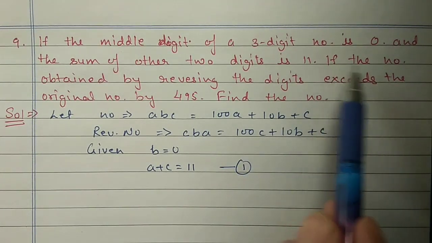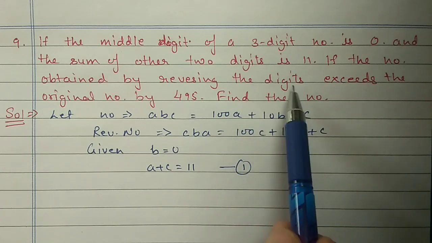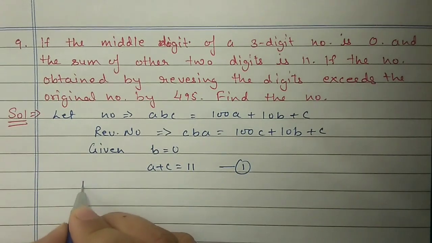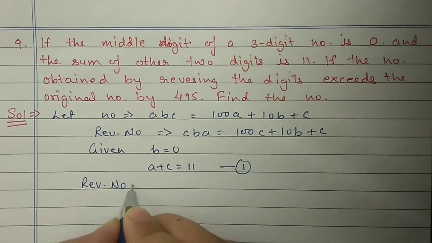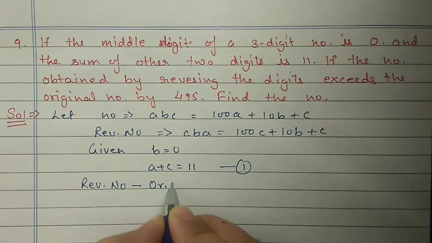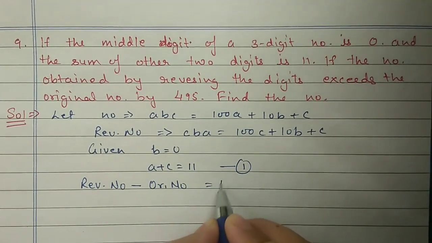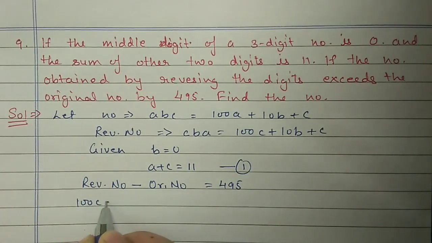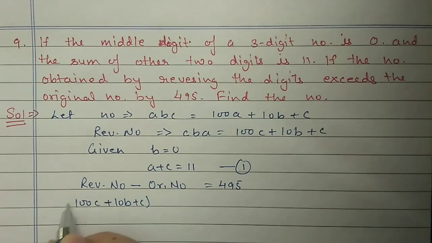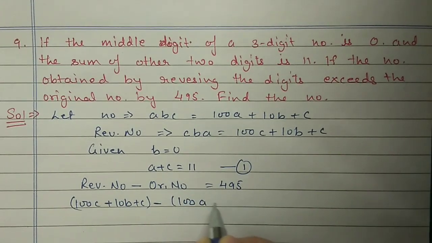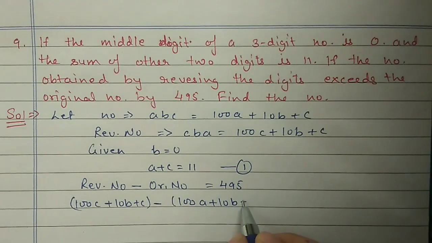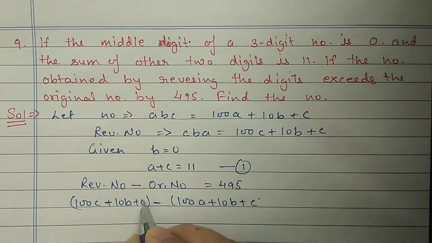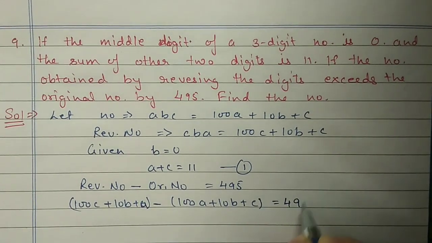Next condition it is given, if the number obtained by reversing the digits exceeds the original number. It means exceed means this number is greater. Reverse number is greater than original number by 495. Now we can substitute values here. Reverse number 100C plus 10B plus A minus original number 100A plus 10B plus C equal to 495.